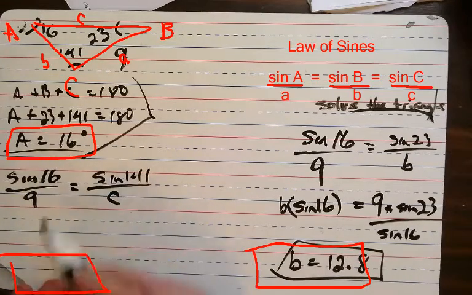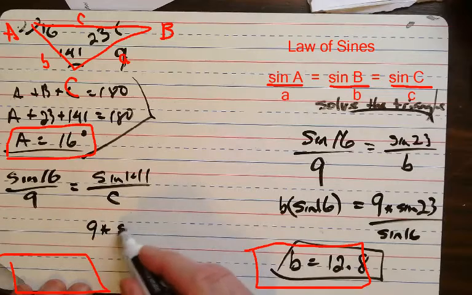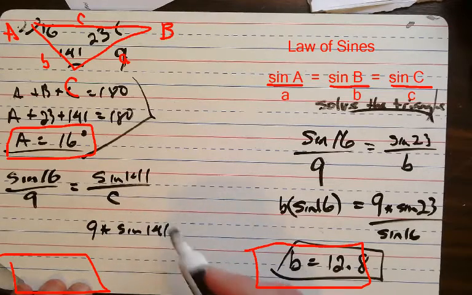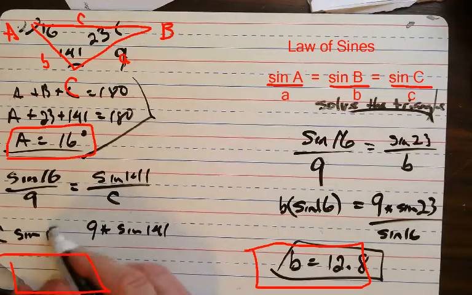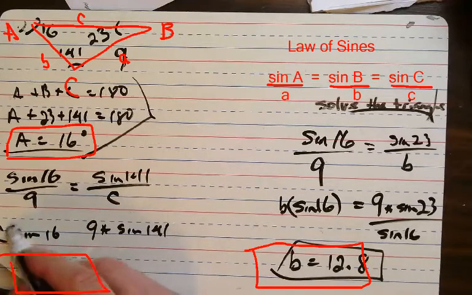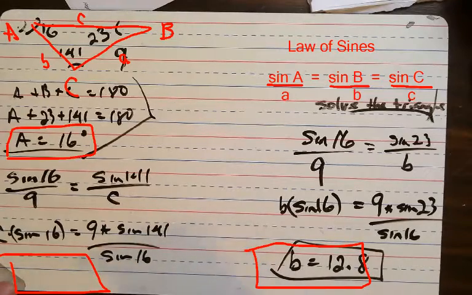I don't have to mess with decimals. So what do I get? 9 times the sine of 141 is C times the sine of 16. And then divide by the sine of 16. C equals, how big is side C?